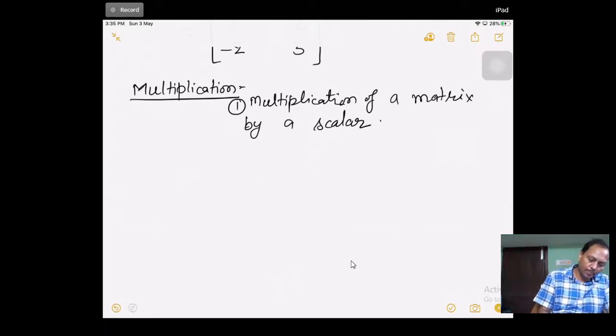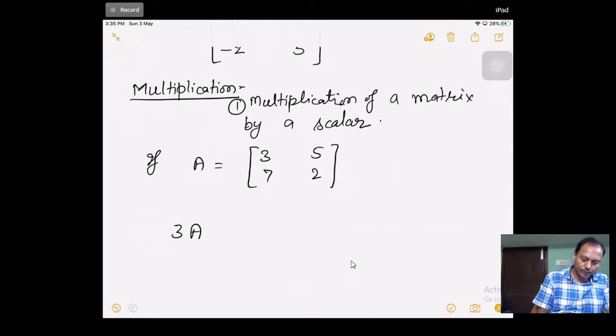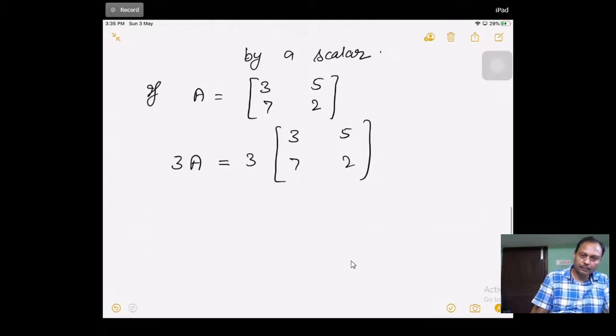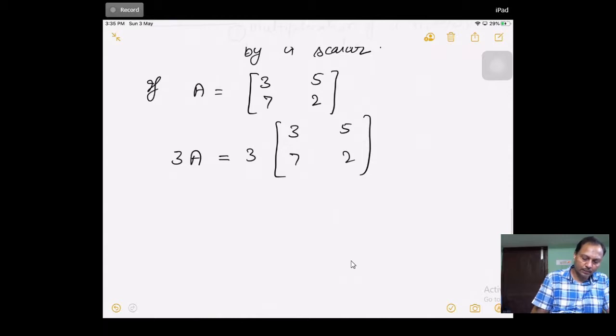For example, if matrix A is 3, 5, 7, 2 and we want to multiply this matrix by 3, it means we have to find 3 times A. All the elements of this matrix will be multiplied by 3.